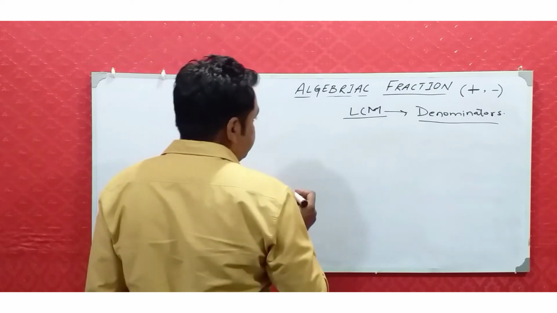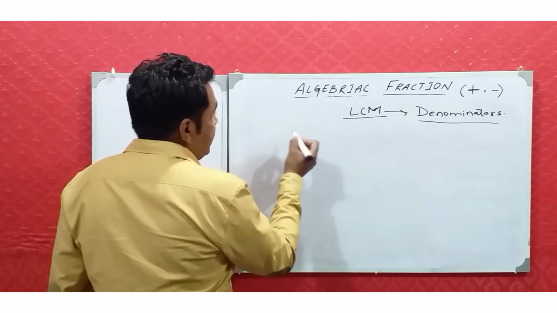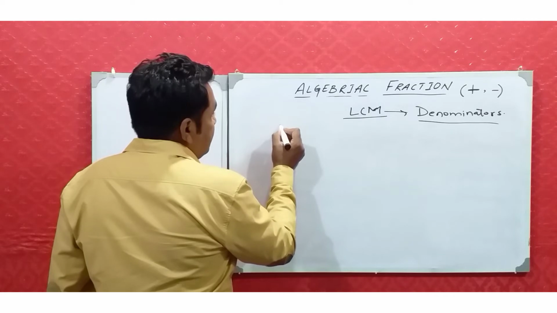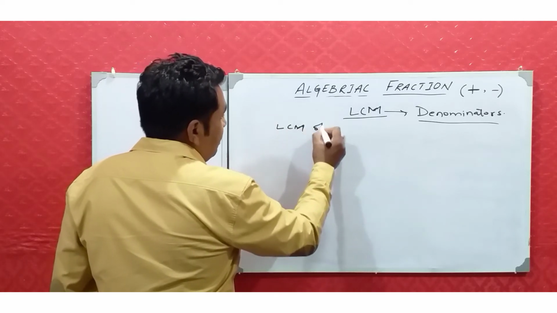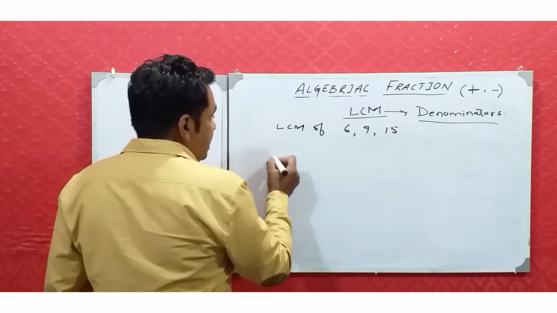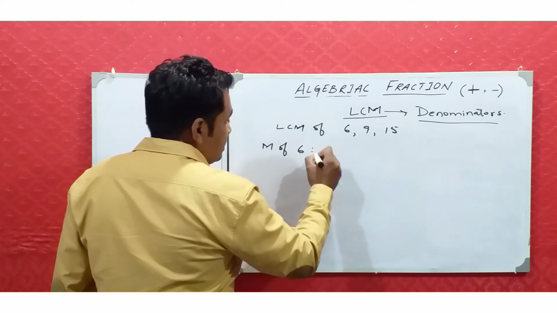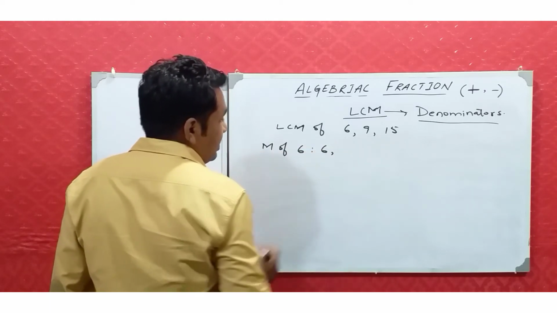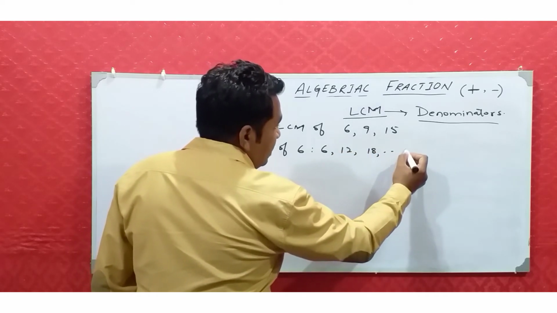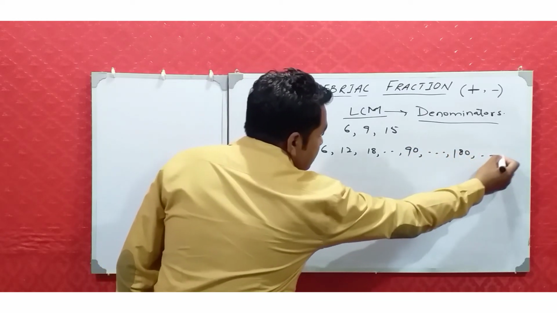If we take another example, for example, we find the LCM of 6, 9, and 15. We use the same procedure. The multiples of 6: the first multiple is 6 itself, then 12, then 18, and then you reach 90, then 180, and so on.